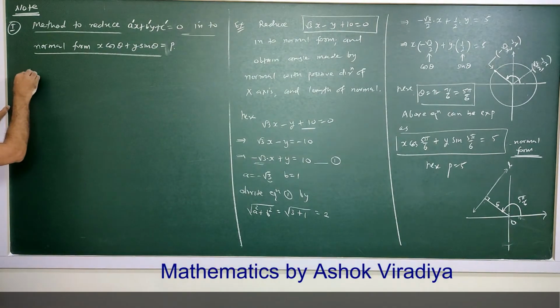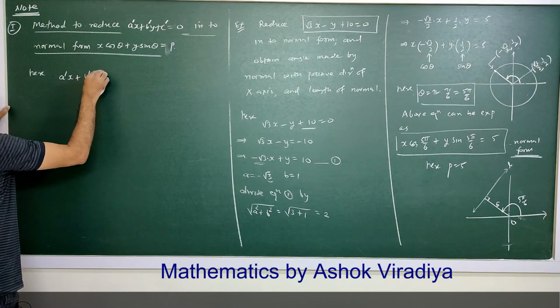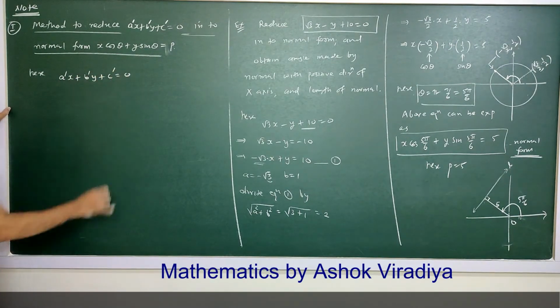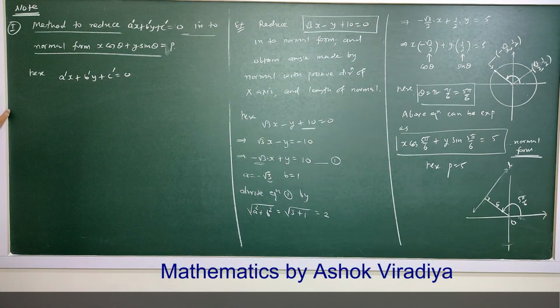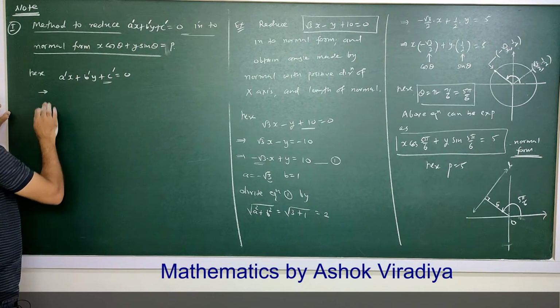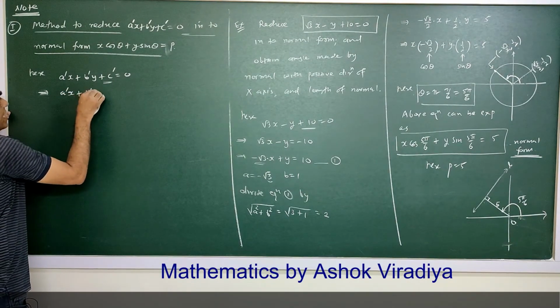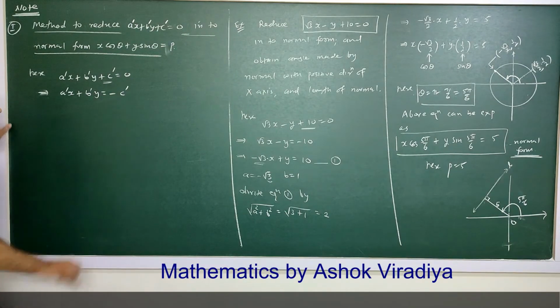The procedure is, first of all take this number on the right hand side. So a dash x plus b dash y equal to minus c dash.